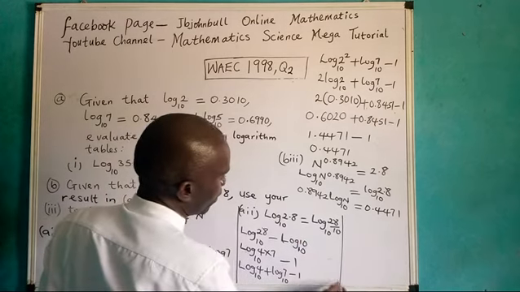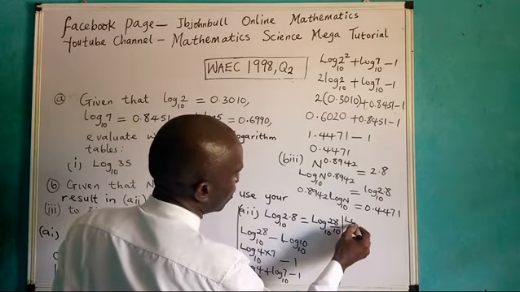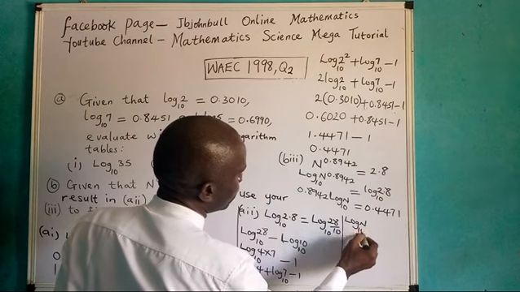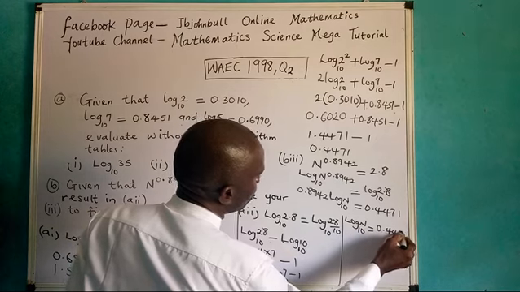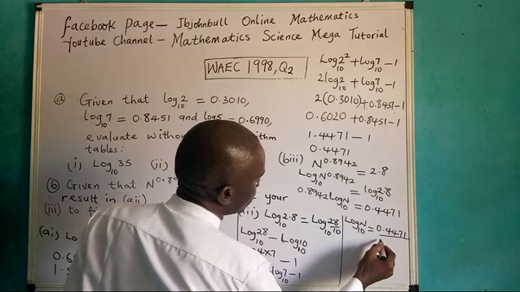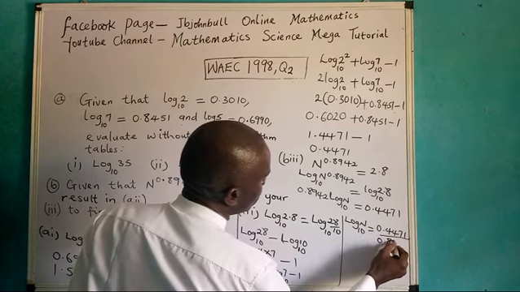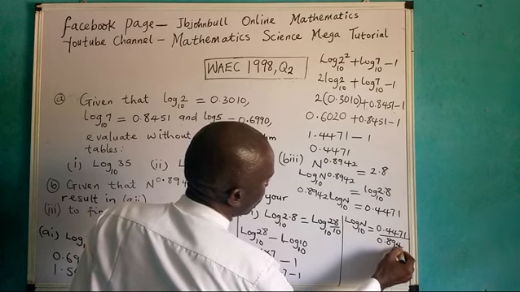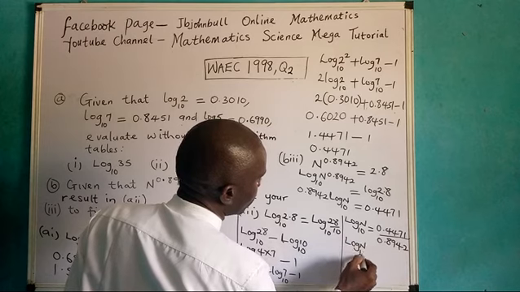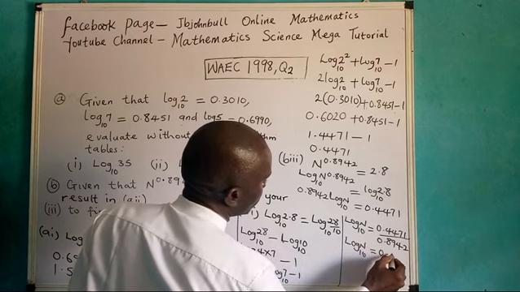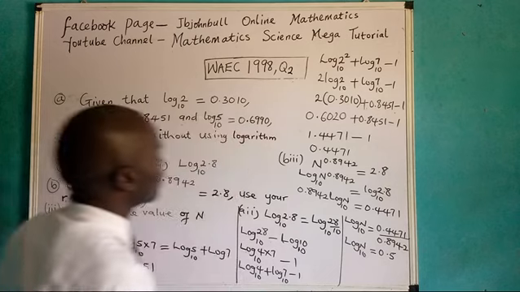I will have to divide both sides by this coefficient. Okay, when you do that, you are going to have log n base 10 equal 0.4471 divide 0.8942. And when you do that, you are going to have 0.5.